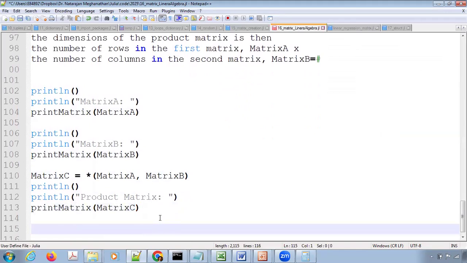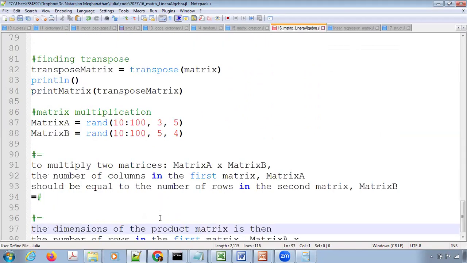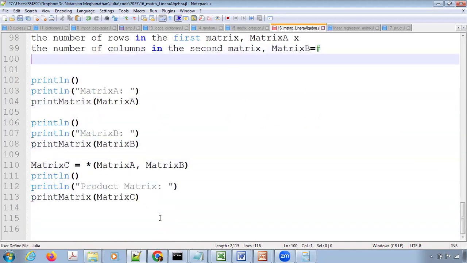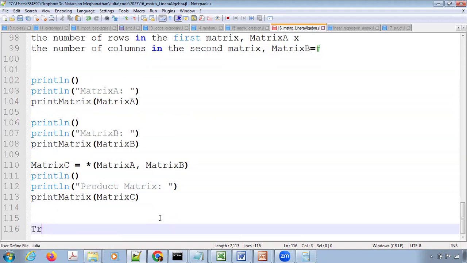Now, if you want, we can compute the transpose of this product matrix. So let's add one more piece of code here, transpose of the product matrix.